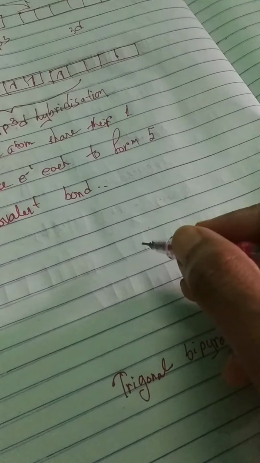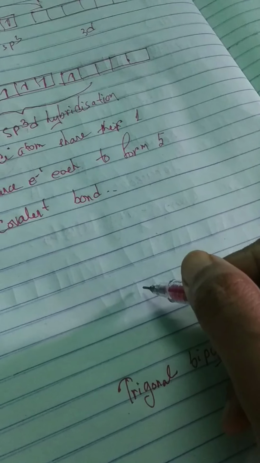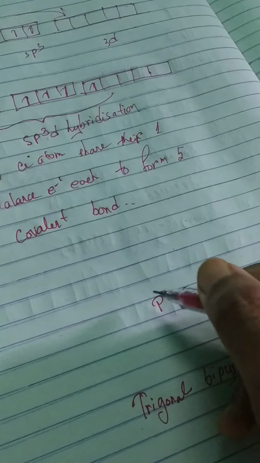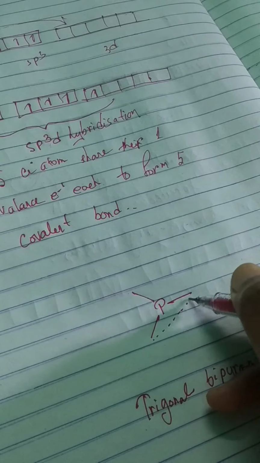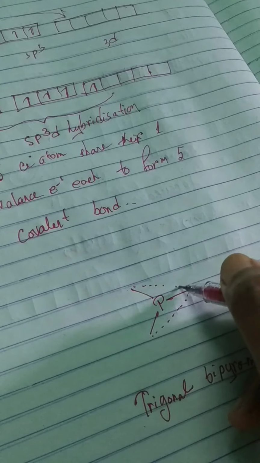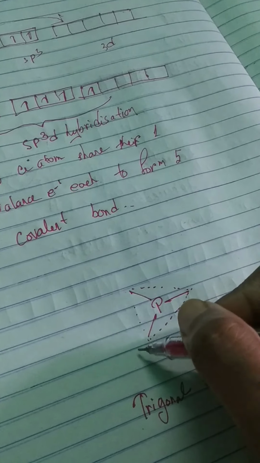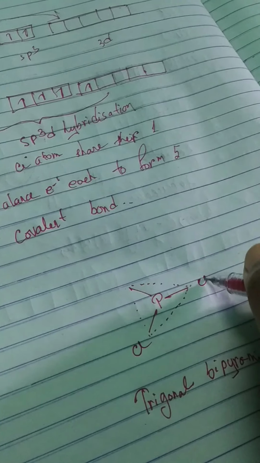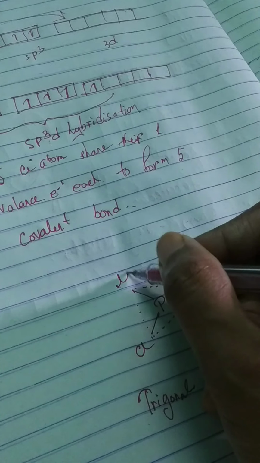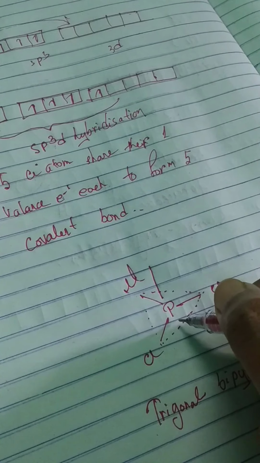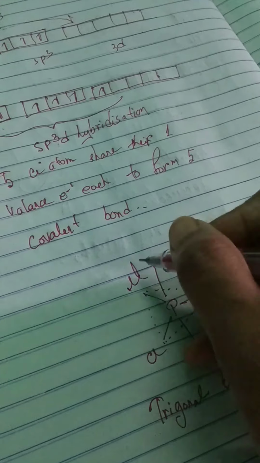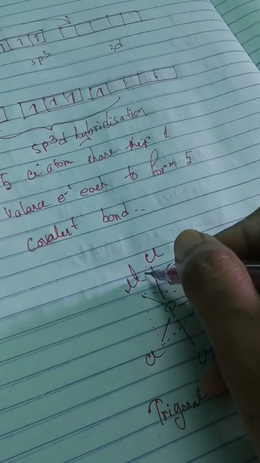So how does it look? I will first make a triangle, with phosphorus in the middle. It looks like a triangle, and at the 3 corners 3 chlorines will be there. So these are on the plane. One chlorine will be up and another chlorine will be down. This is called the axial chlorine.